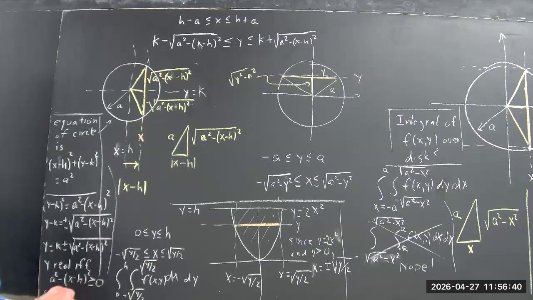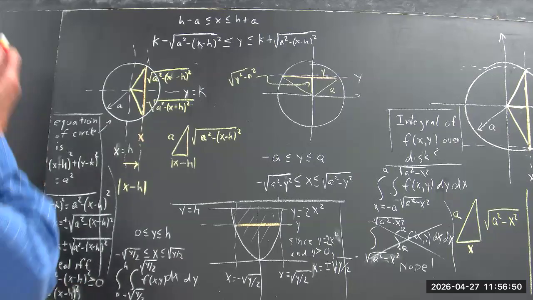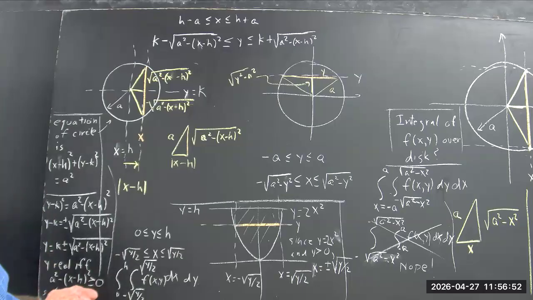So x minus h squared, and I did write it correctly, has to be less than or equal to a squared. Now, why did I reverse the inequality? Because I did two steps at once.